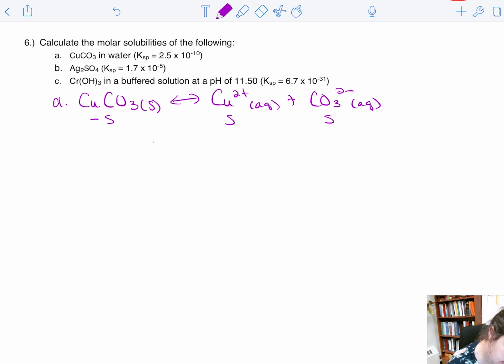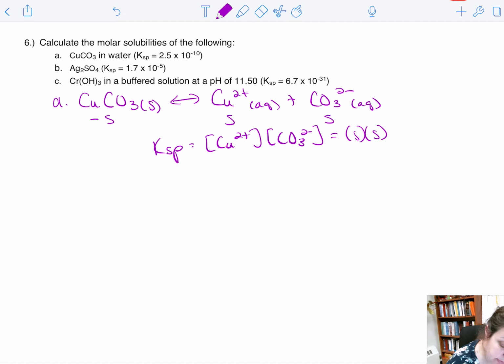So our KSP, if we put this in, would be equal to S times S, which gives us S squared. So KSP is equal to S squared. We'll just put the 2.5 times 10 to the negative 10 in for our KSP, and our S would then be equal to 1.58 times 10 to the negative 5 molar.